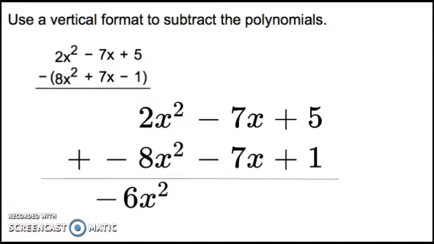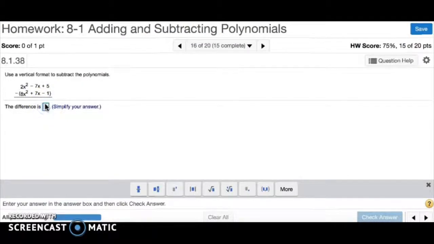Negative 7x plus negative 7x is negative 14x. And 5 plus 1 is 6. So that will be our answer. Typing it in, we have negative 6x squared minus 14x plus 6.